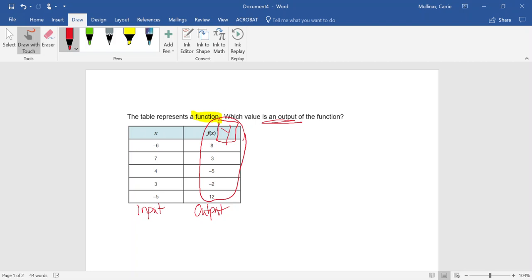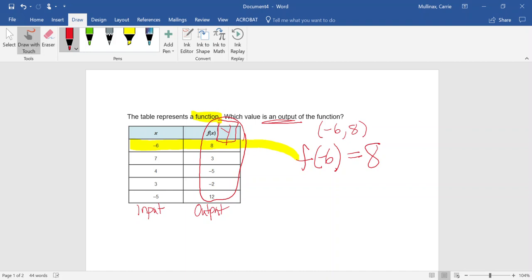Oftentimes we write this in function notation. F of x is equal to, well, in the very first row, we know that f of x is equal to 8 when, for what x value is the answer 8, f of -6 is equal to 8, which just means when x is -6, y is 8.